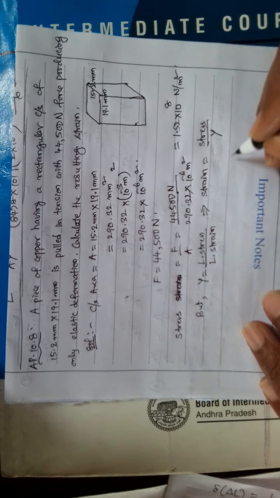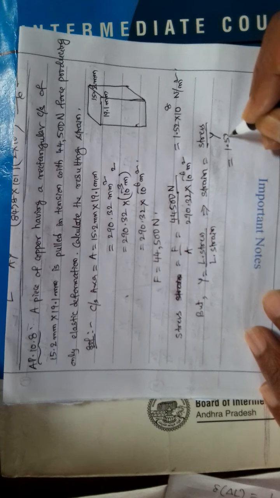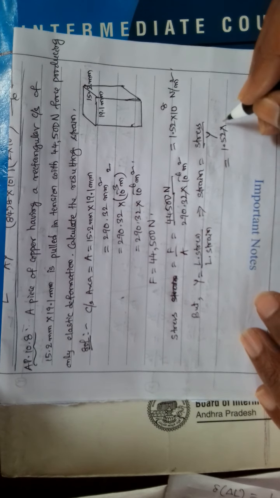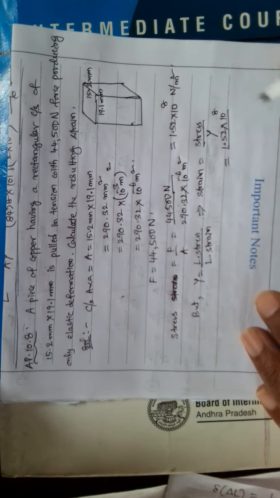So the stress value 1.52 into 10 power 8 divided by Young's modulus of copper, that is 120 into 10 power 9. So we get 0.128 into 10 power minus 2. So this is the answer.